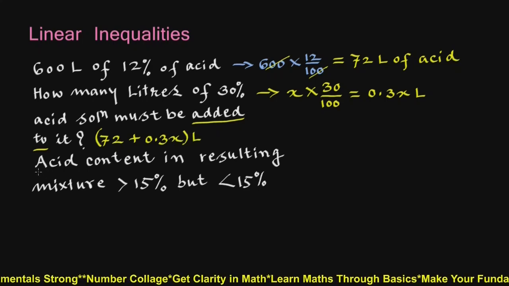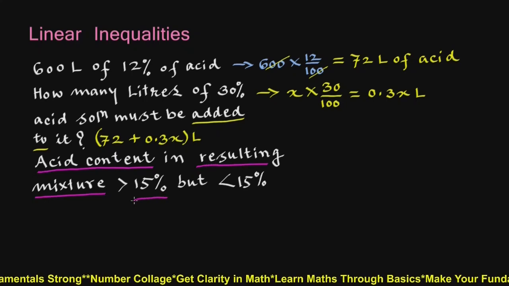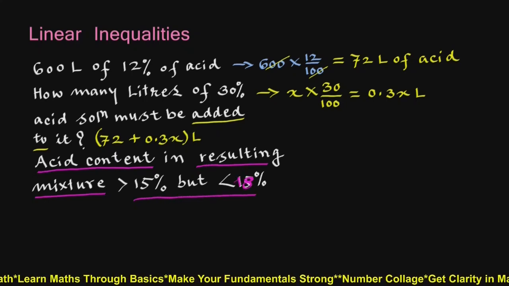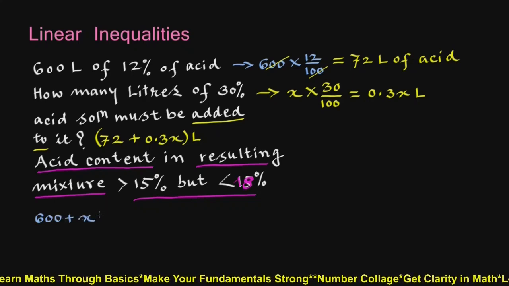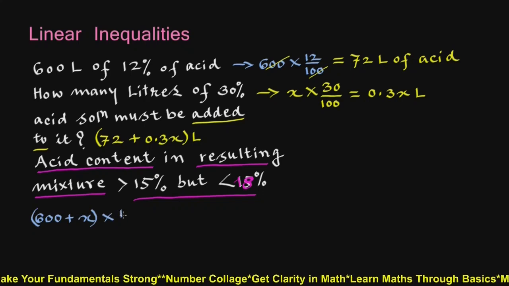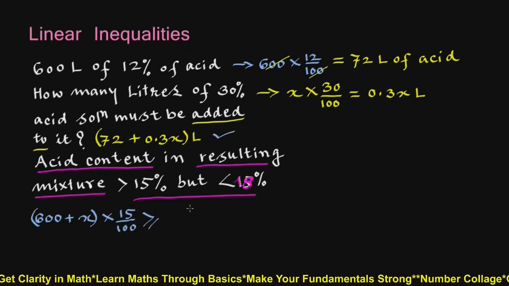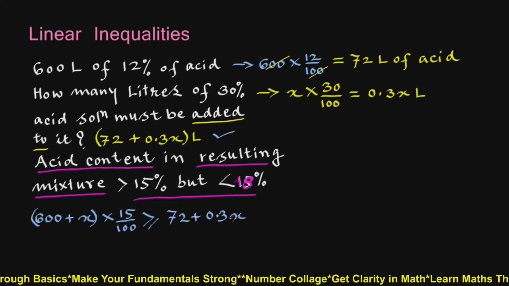Now the acid content in the resulting mixture should be between 15% and 18%. So we get two conditions: 600 plus x liters of solution, and 15% of this should be less than or equal to this 72 plus 0.3x liters.